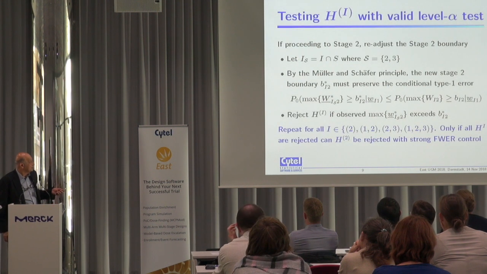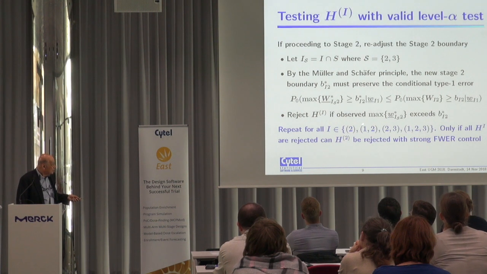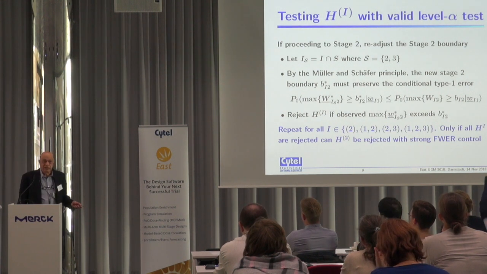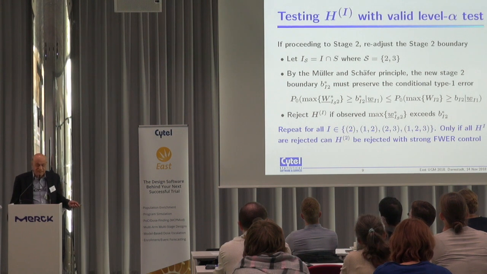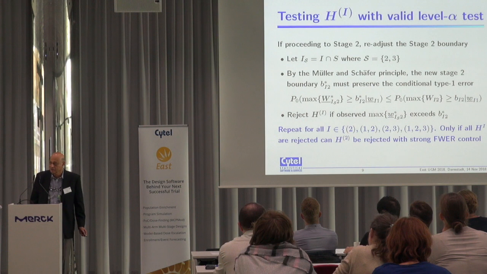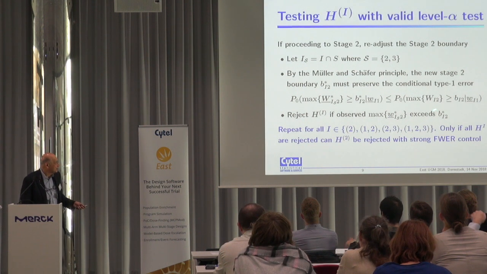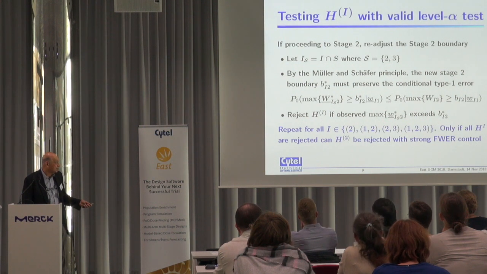The conditional error rate is an idea of Müller and Schäfer, which says that if you want to preserve the overall type 1 error of an adaptive test, then what you need to do is preserve the conditional type 1 error. That is, the conditional type 1 error, if you made no change to the design, would be this right-hand side, the probability that the max of WI2 is greater than its boundary.